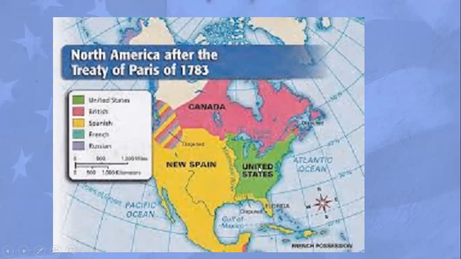It was acquired by Britain and it went up to the Mississippi River, right? Remember, this was all French territory, but the French left after the French and Indian War, also known as the 7 Years' War.